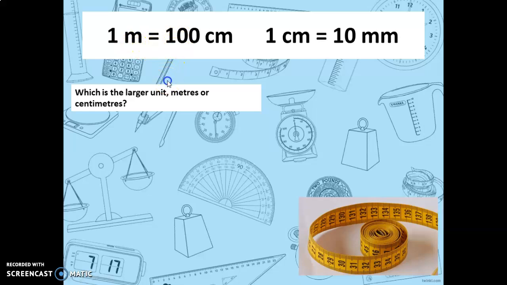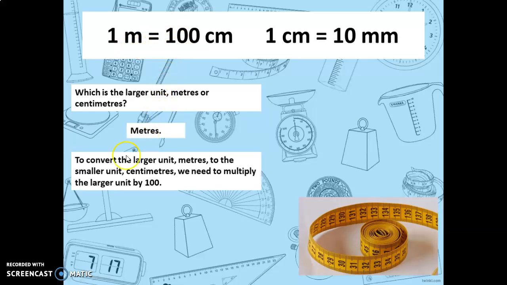What do you think? Meters. To convert the larger unit, meters, to the smaller unit, centimeters, we need to multiply the larger unit by 100.